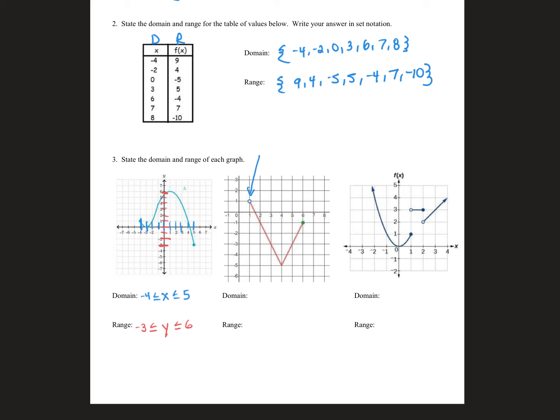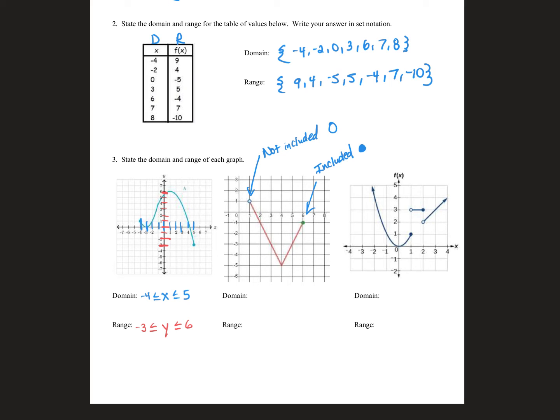So at x is 1, it looks like I get out y is 1, but it's not actually included. You need to make note of whether or not it's included. Whereas this point is filled in, that means it is included. So included is filled in, not included is an open or hollow circle.